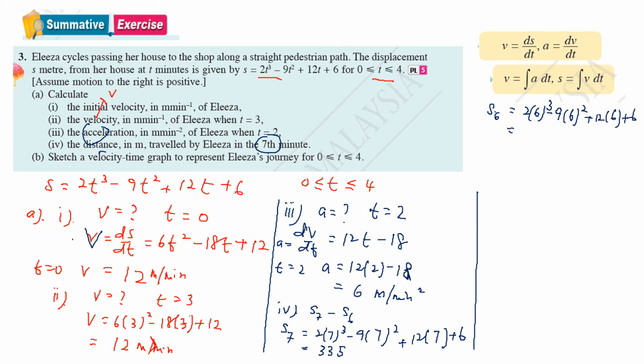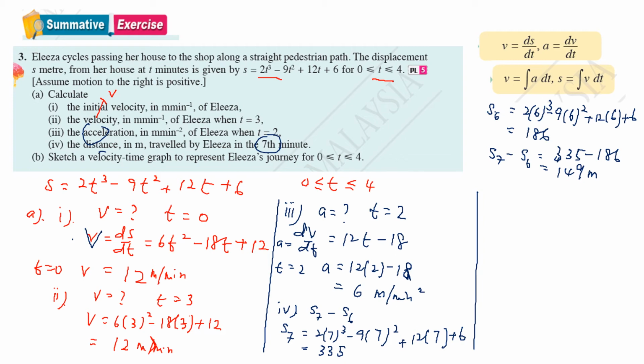This gives us 186. So for question number 4, s7 minus s6 is 335 minus 186, so the answer is 149 meters.